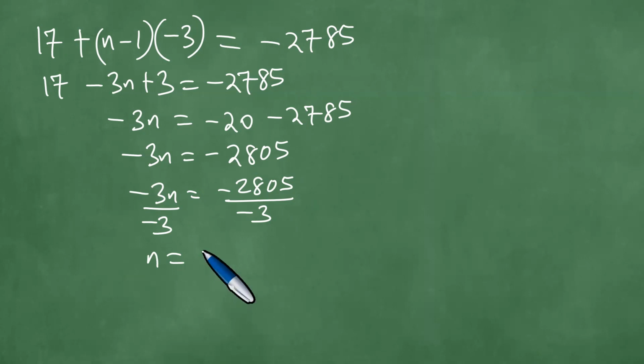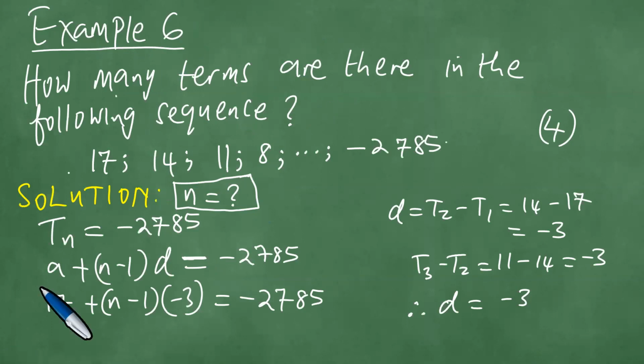Well done. It is exactly 935. So what was the question? How many terms are there in the following sequence? So we considered the last term, which is this, and we solved everything.